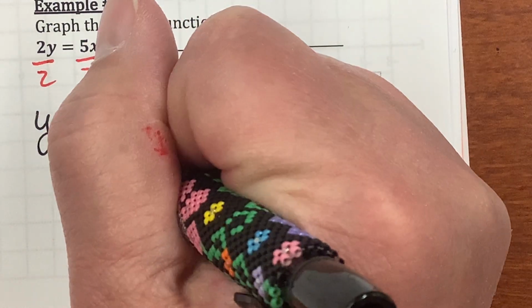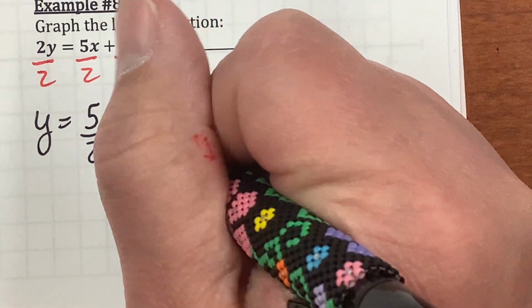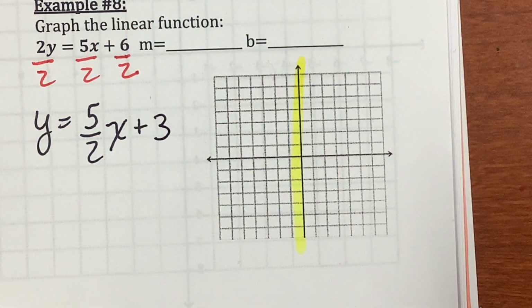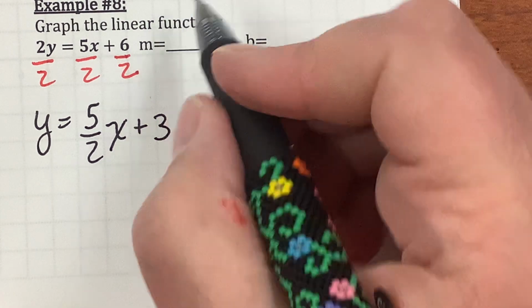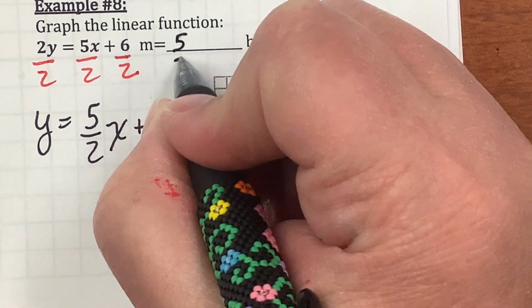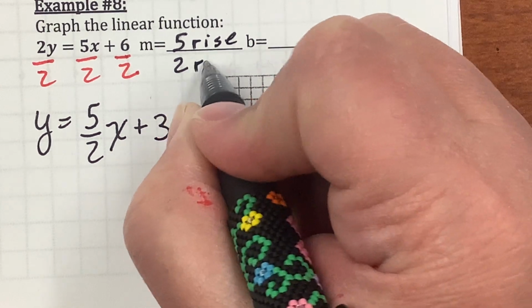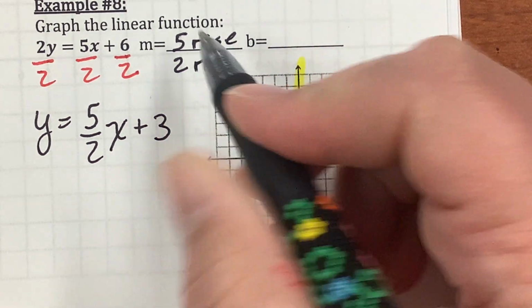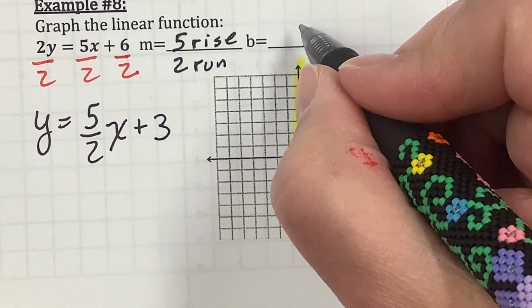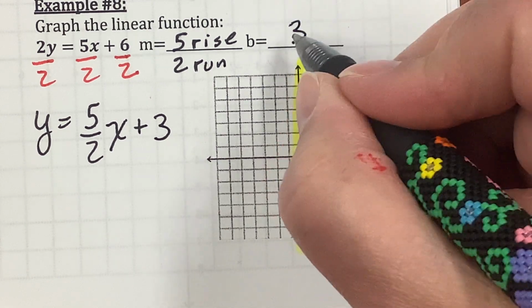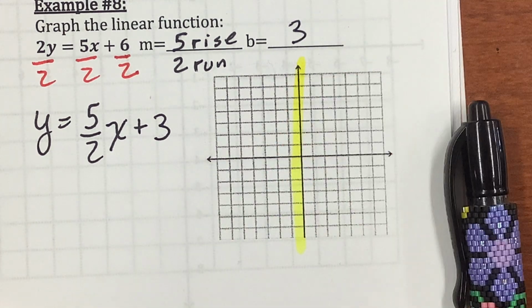It will make life easier. 6 divided by 2 is plus 3. So my slope is 5 over 2. So I'm going to rise 5, run 2. My y-intercept is 3. So I begin at 3.